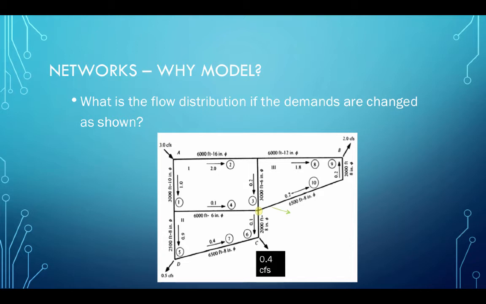So if the demand at C down here is changed from the 0.5 CFS to 0.4 CFS, and demand is added here at node 3, how are the flow rates and the pressures going to change in the system?